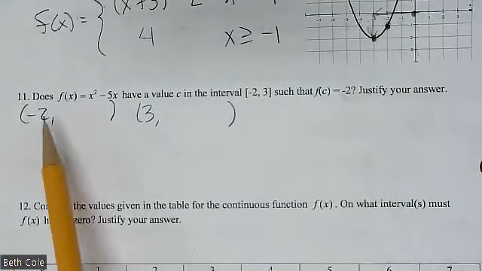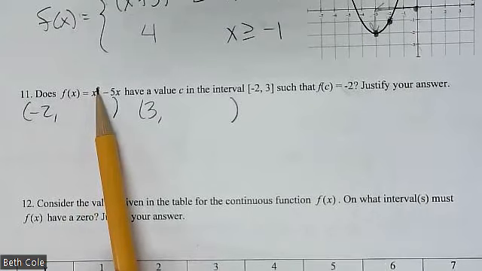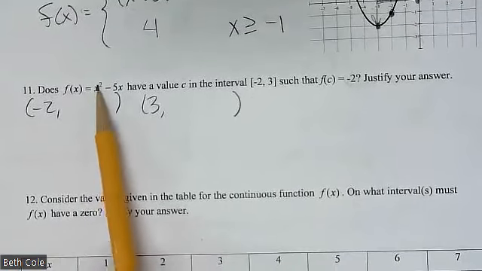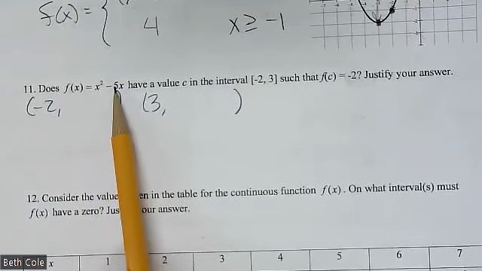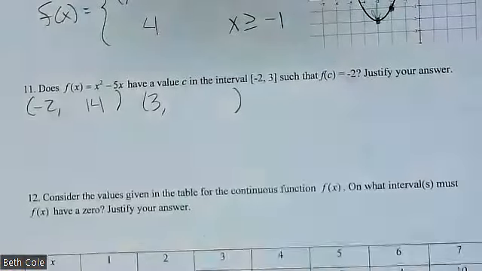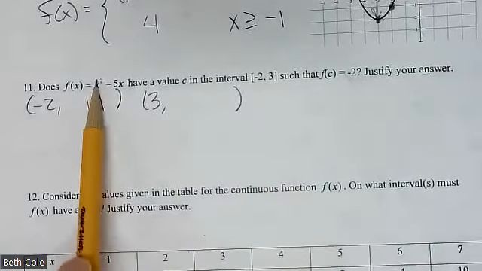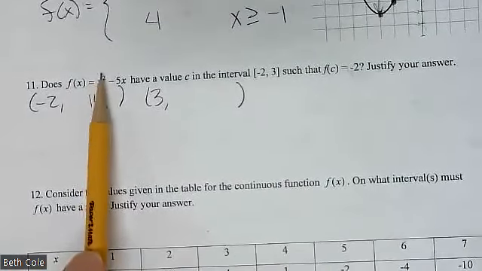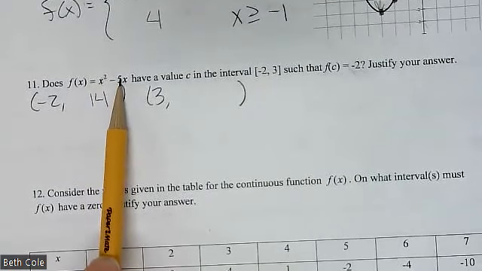Okay, so let's plug in -2 and see what happens. -2 squared is 4, -2 times -5 is 10. So 4 plus 10 is 14. Now let's plug in 3. 3 squared is 9, 3 times 5 is 15.